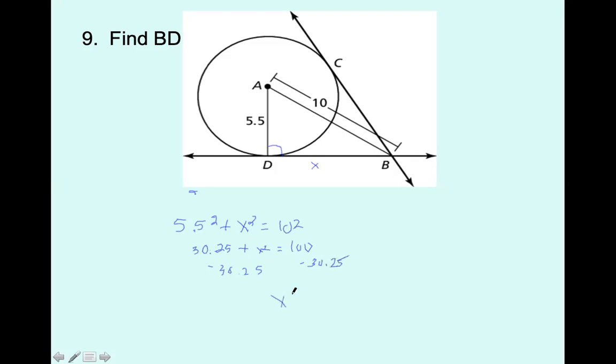And I get that x squared is equal to 100 minus 30.25, and I get 69.75. And so then x is the square root of that. So the square root of 69.75 would be about 8.35. Okay, let's look at the next slide.